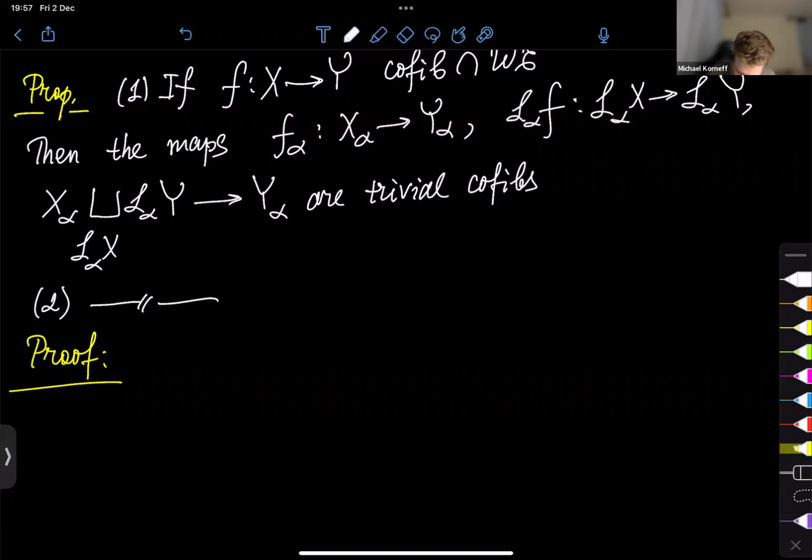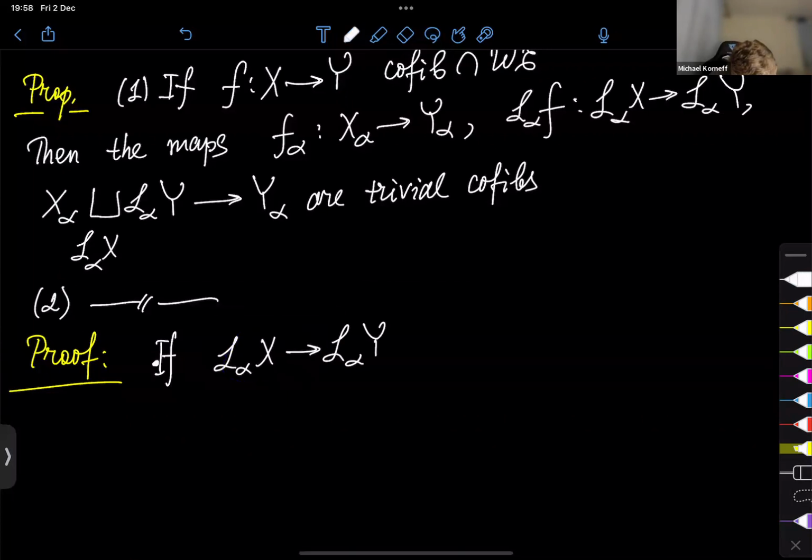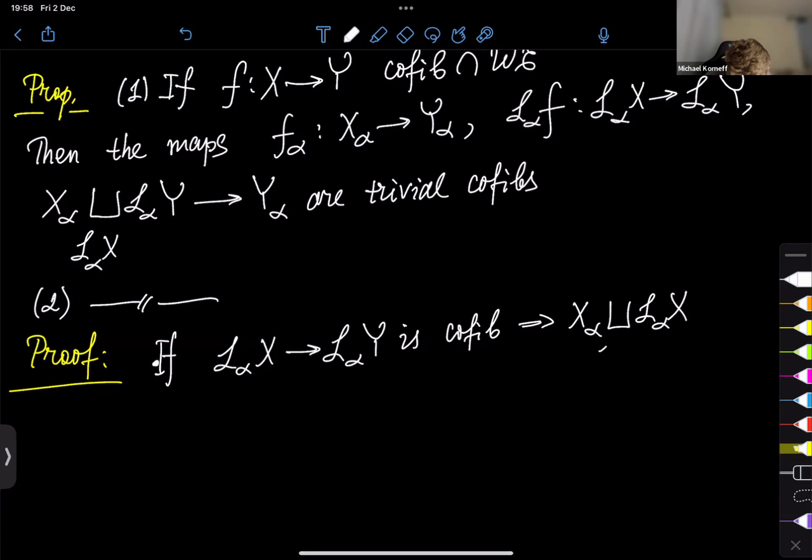Now notice the following fact: if we prove that this map between latching objects is a cofibration, then it's easy to see that the relative latching map will also be a cofibration.